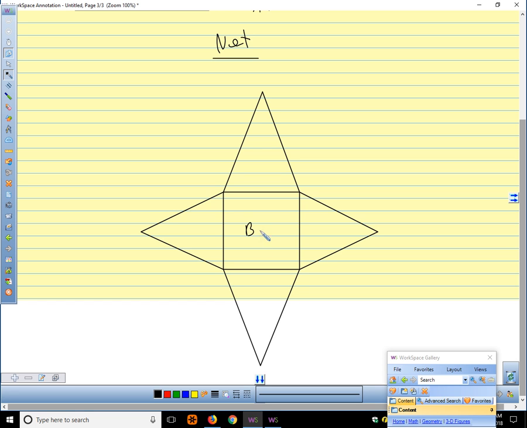So this is my base, and I'm going to say the base is a square. I'm going to call the sides S for sides. So all my base edges are length S. And the slant height of the pyramid is the height of one of those triangles. So there's my slant height.